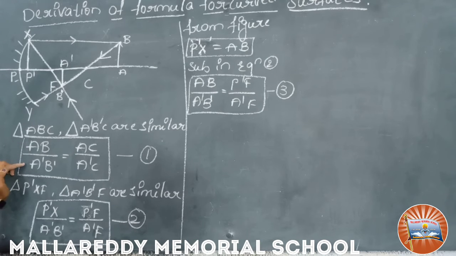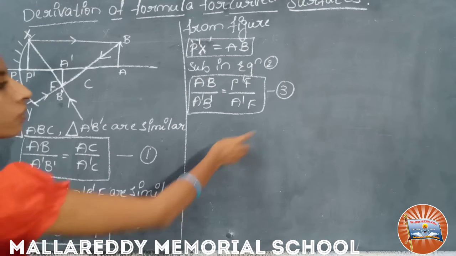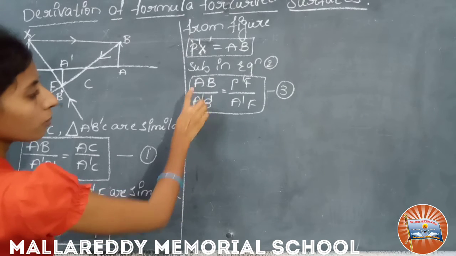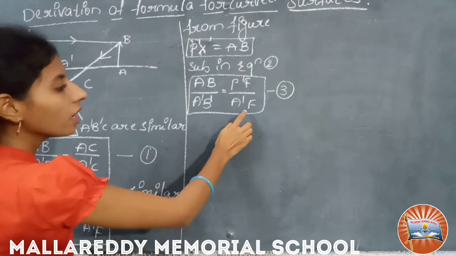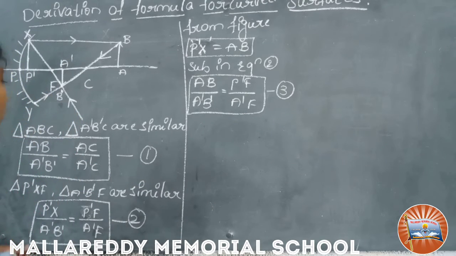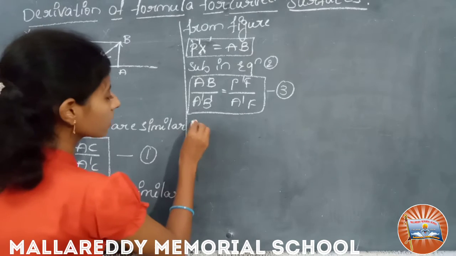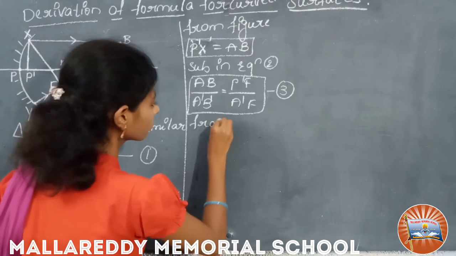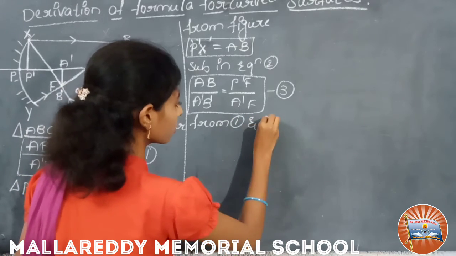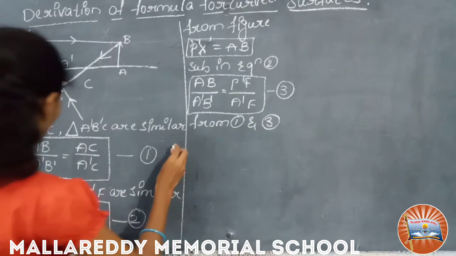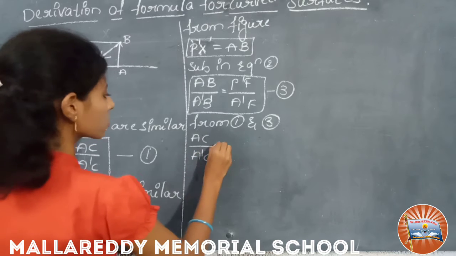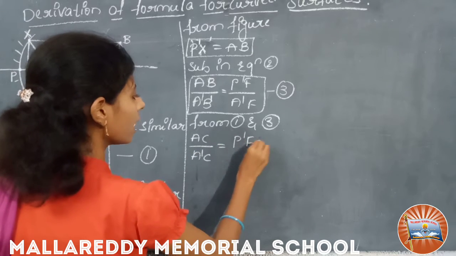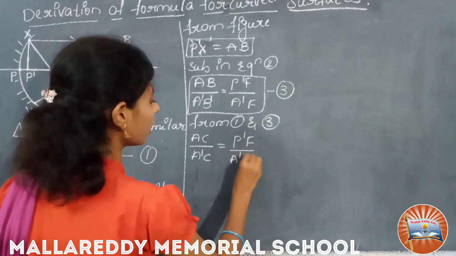AB by A dash B dash equals AC by A dash C. Now equation 3 is AB by A dash B dash equals P dash F by A dash F. Right? So now equate these two. So from 1 and 3 we can write that AC by A dash C is equal to P dash F by A dash F.